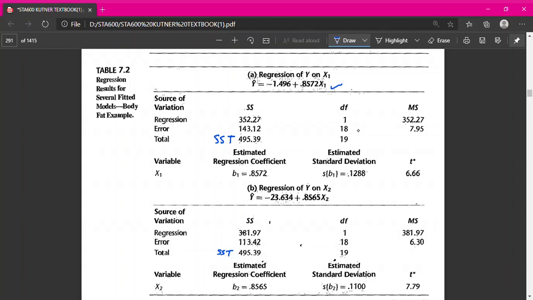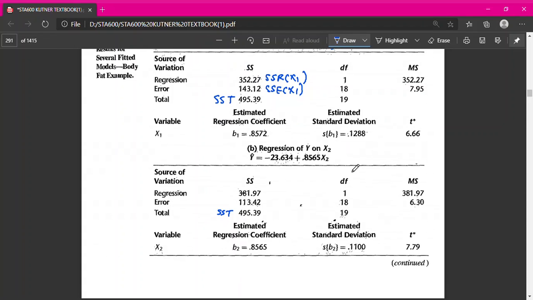So kat sini kalau kita tulis, kita boleh tulis dia sebagai ni SSR, SSR x1, maksudnya SSR bila kita regress y on x1 sahaja. Di sini SSE x1. Okay, so kita faham daripada situ, kita katakan that is the value of SSR, SSE when we regress y on x1 sahaja ke x2 sahaja ke. Kat sini kita akan tulis SSR, SSE lah kat situ. SSE x2.